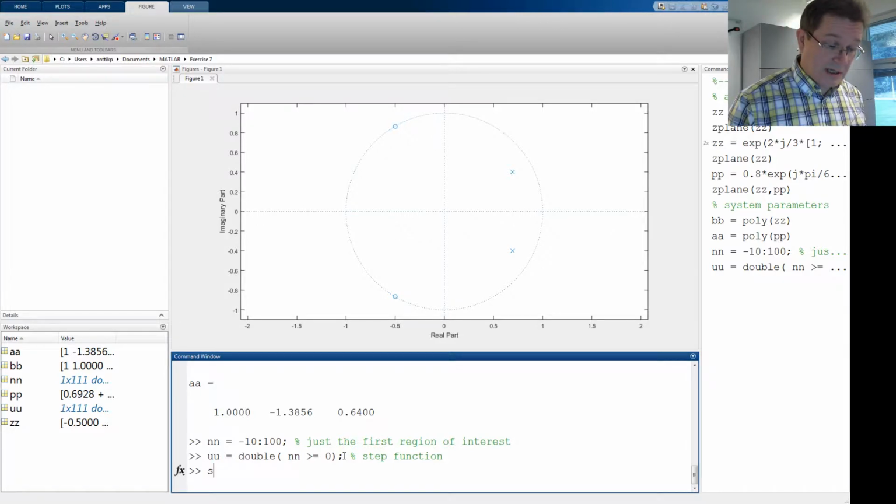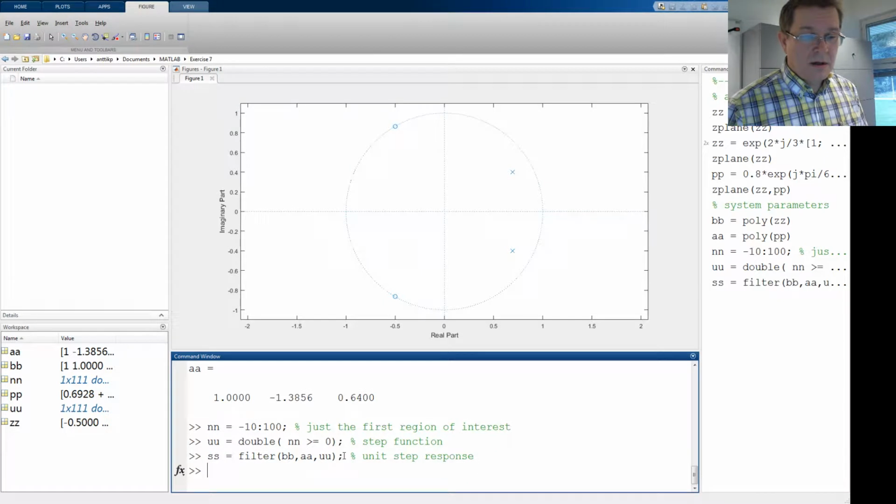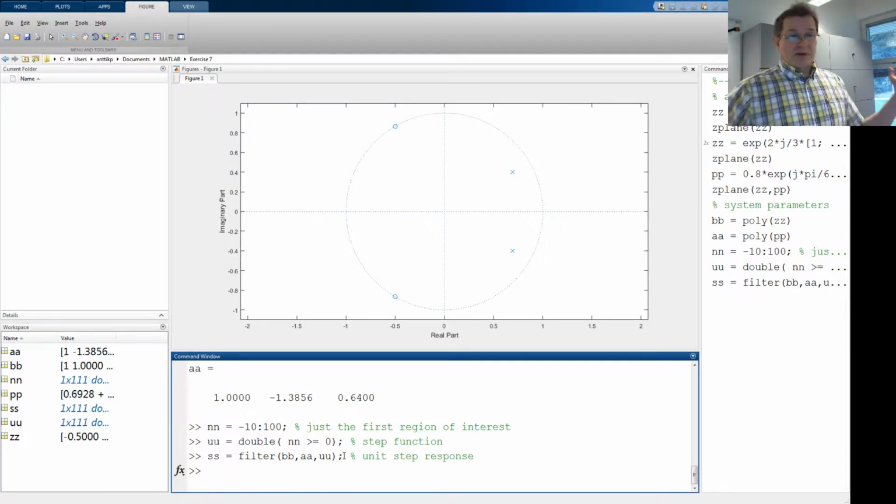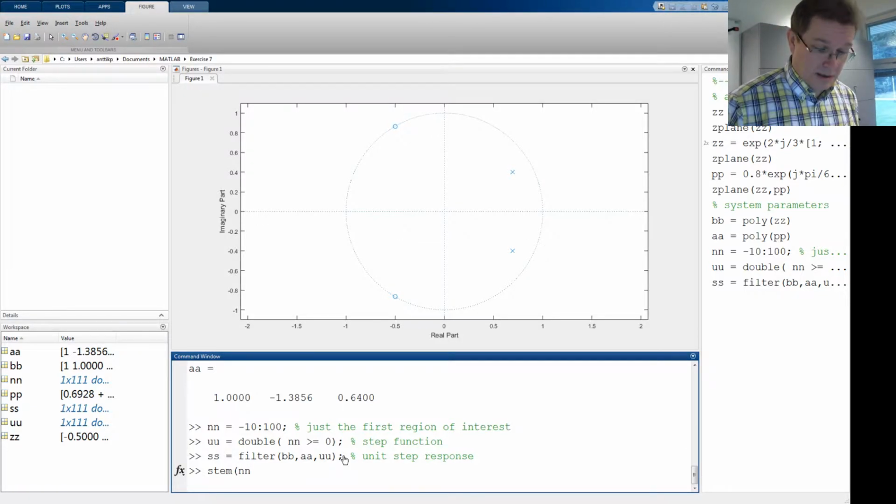So now we can calculate the step response simply by filtering the unit step. Unit step response is there, and we can stem it. Stem n and s.